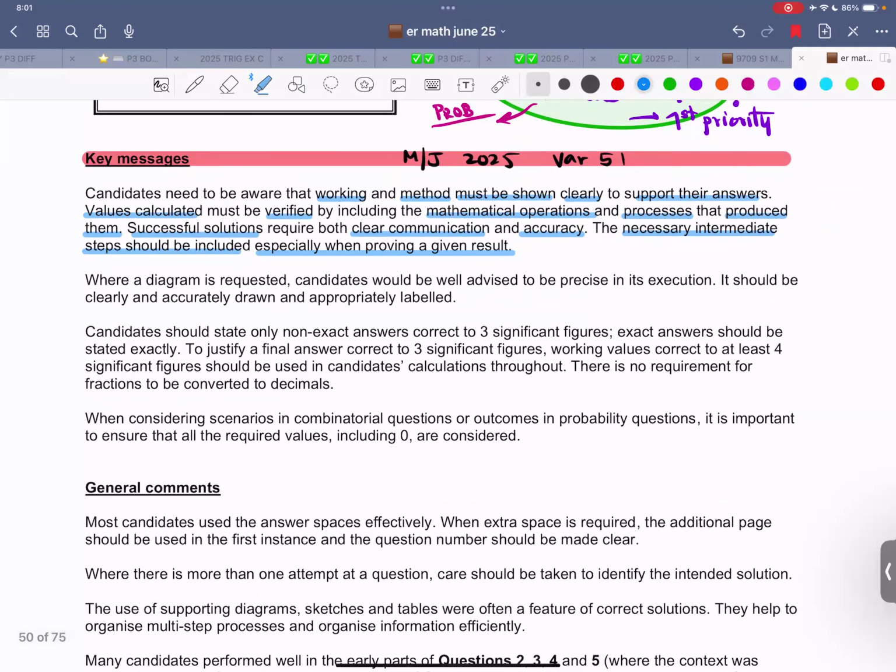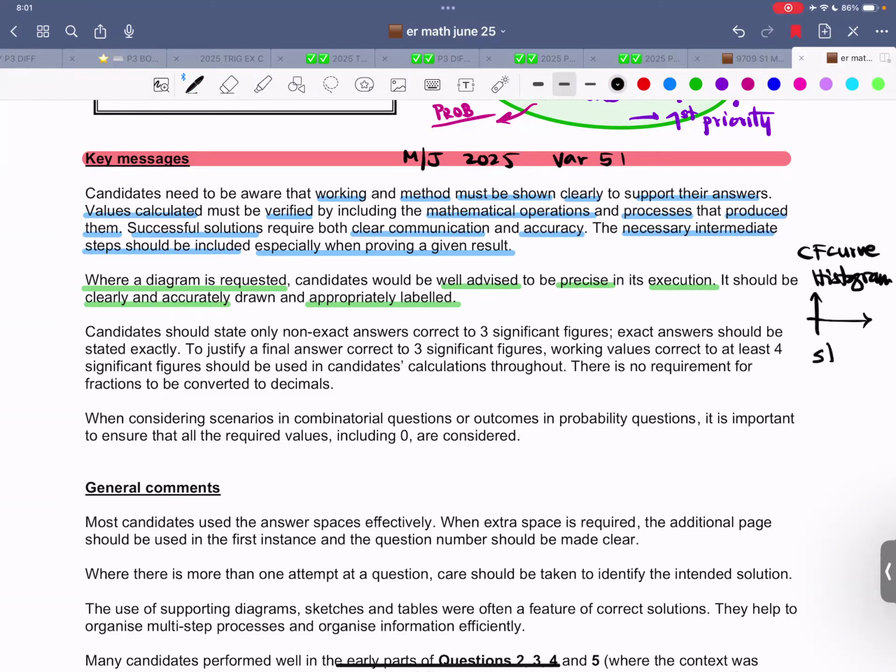It further says that where a diagram is requested, candidates would be well advised to be precise in its execution. It should be clearly and accurately drawn and appropriately labeled. Let's say we are drawing a cumulative frequency curve or a histogram, then what goes on the x-axis and what goes on the y-axis should be clearly labeled.